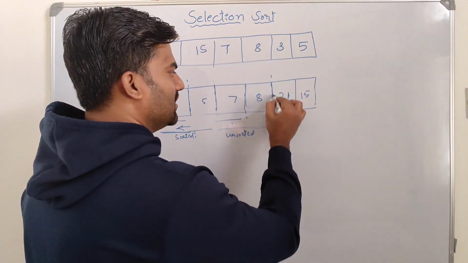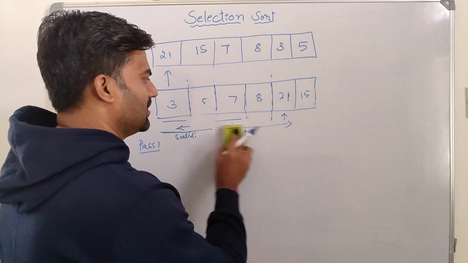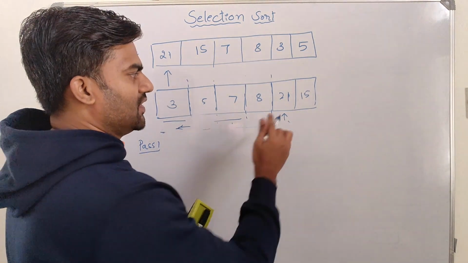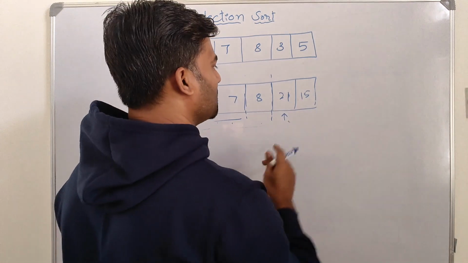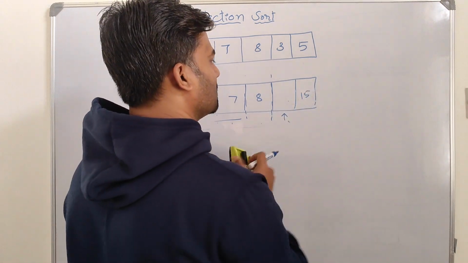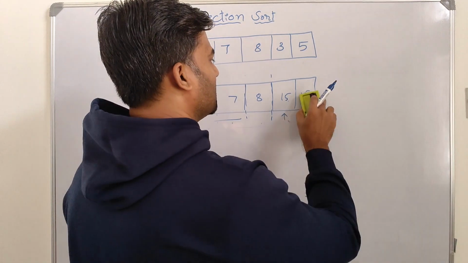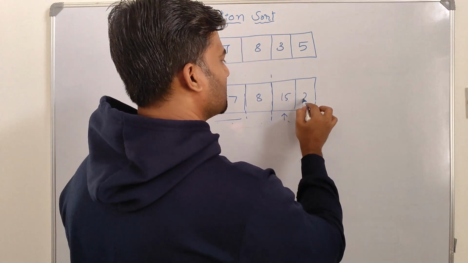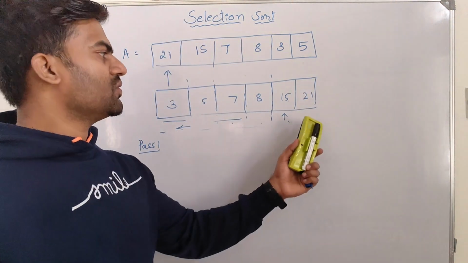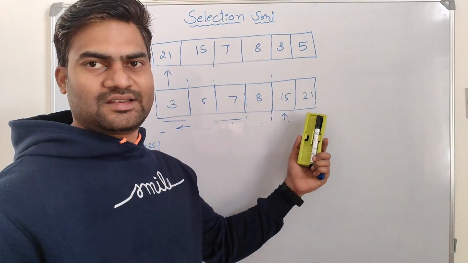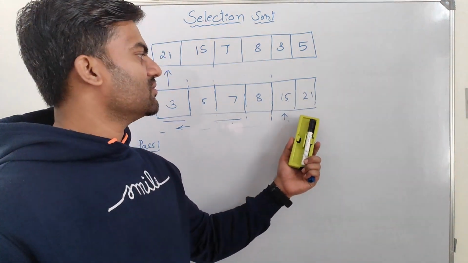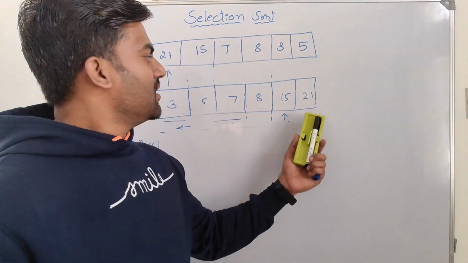Till this it is sorted, and out of the remaining 2 elements this is smaller. So I will simply swap it. 15 comes and sits here, and 21 sits at the end. We don't need to sort this number because it is already in its correct position.